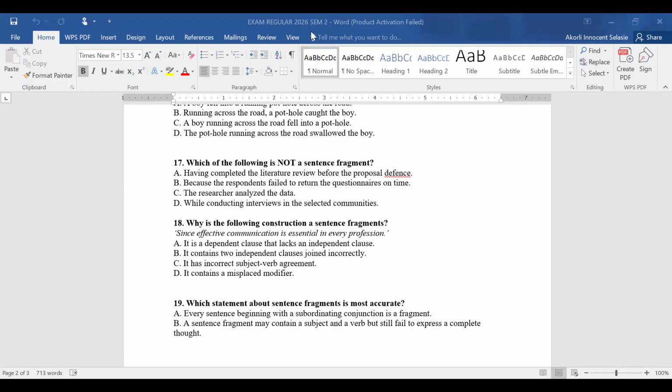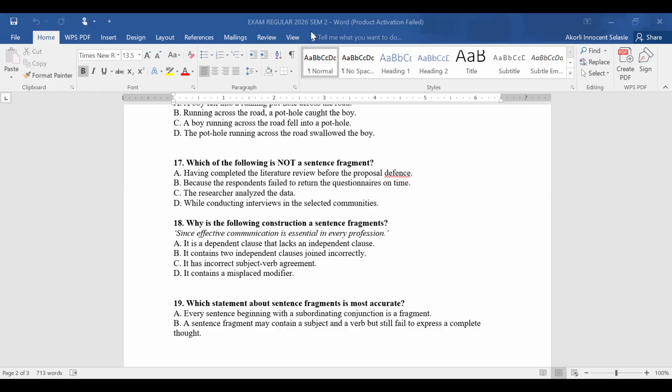C. It has incorrect subject-verb agreement. D. It contains a misplaced modifier. What should it be?